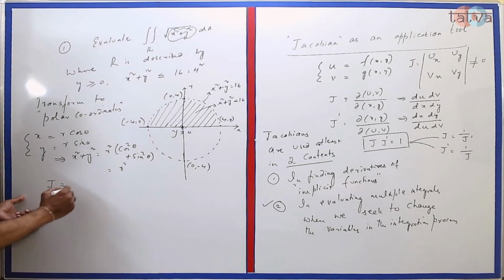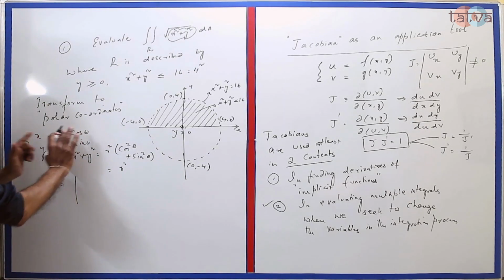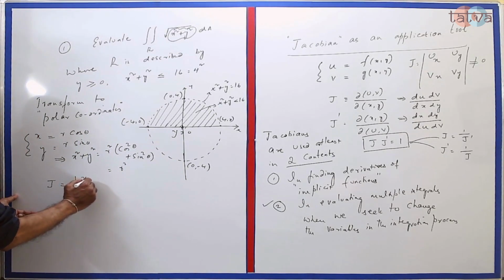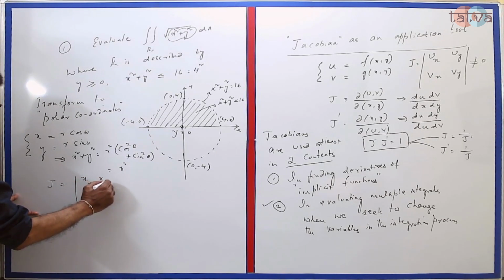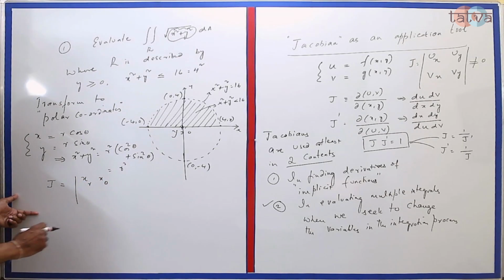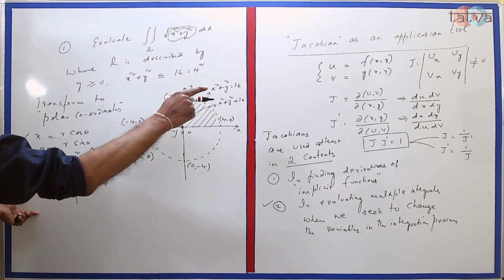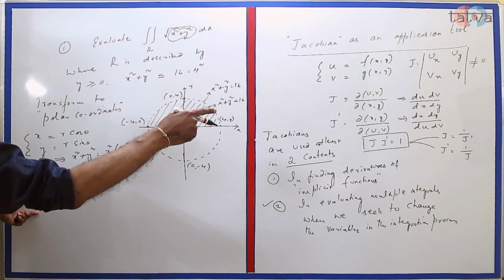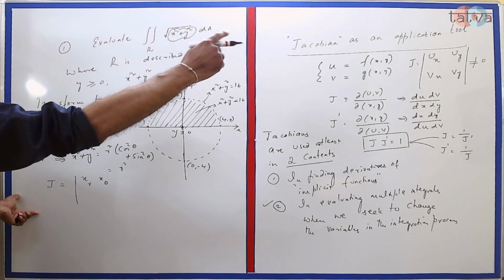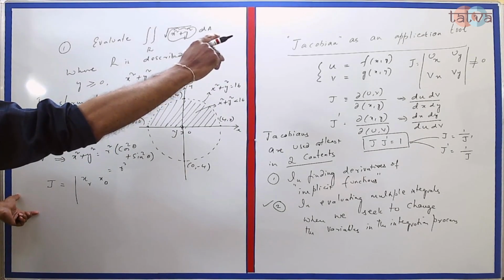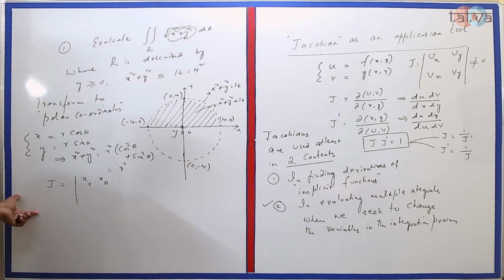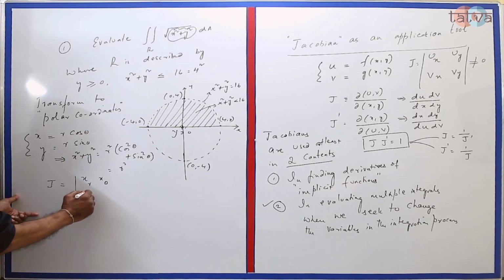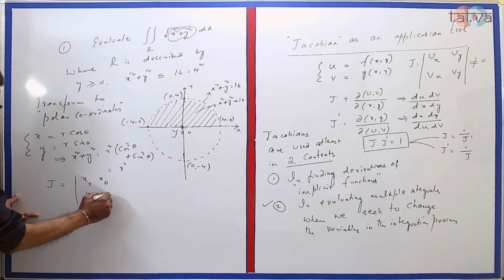The Jacobian of this transformation will have x_r, x_theta in the first row. Because there I had explained that when the u, v are getting converted to x, y, then you will have the first row having u_x and u_y as partial derivatives. So here x_r and x_theta, similarly y_r and y_theta.